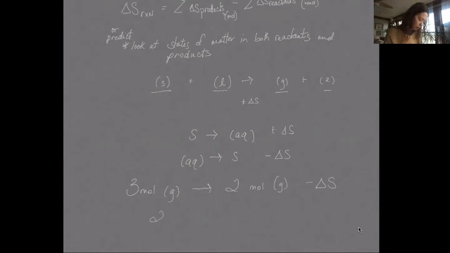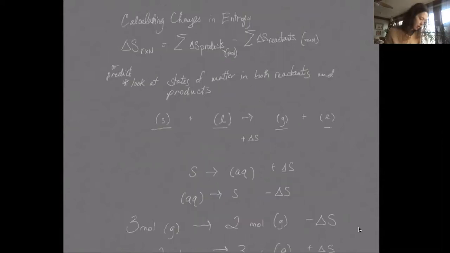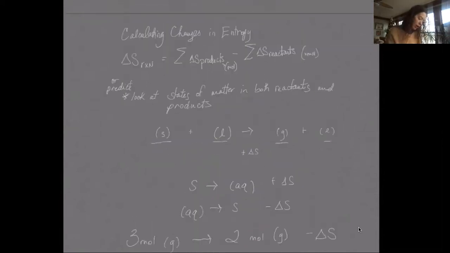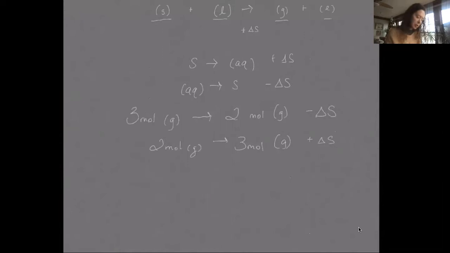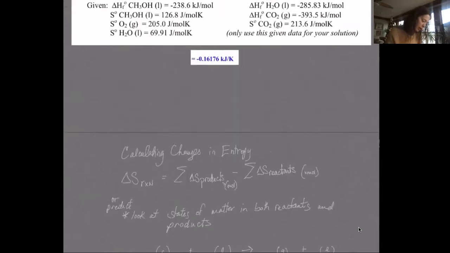If I have 2 moles of a gas here and 3 moles of a gas here, then I have increased my microstate possibilities. Okay, those would be the vocabulary I would encourage you to use. So I can predict, and you need to be able to do that, or I can calculate, and we will also have to do that.